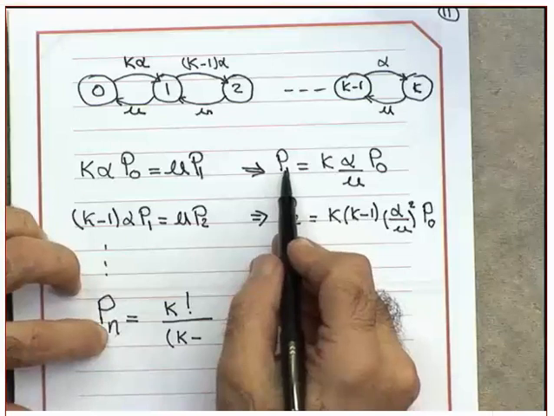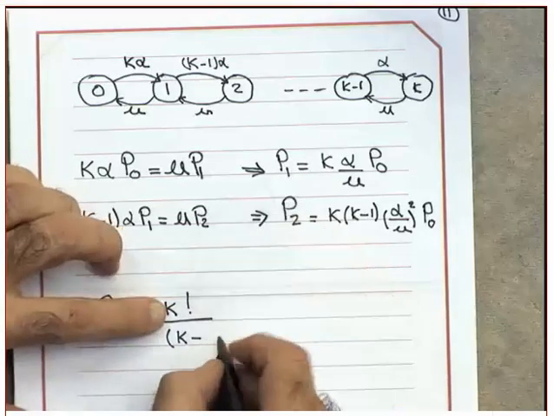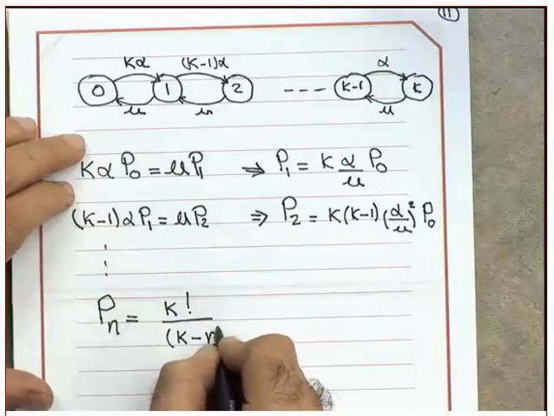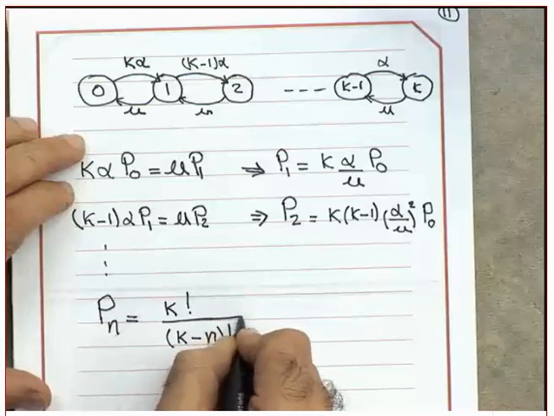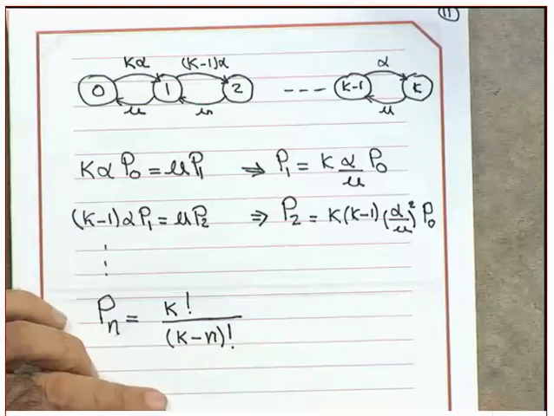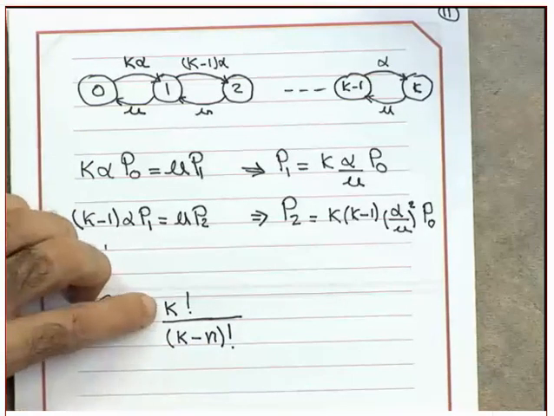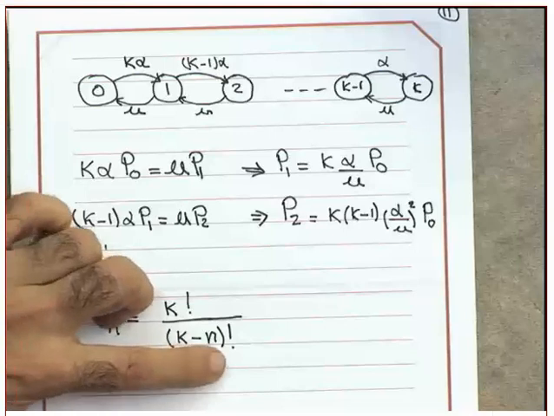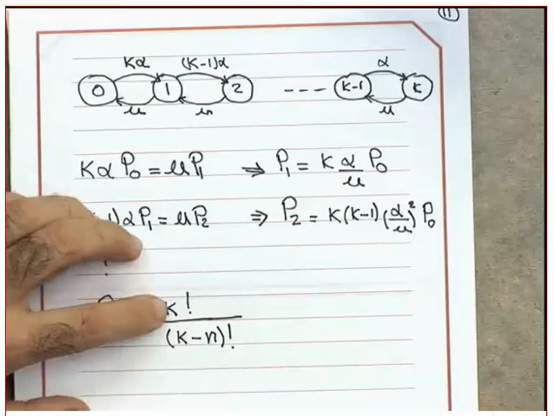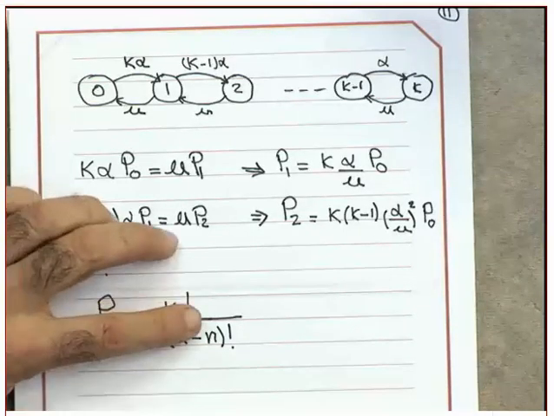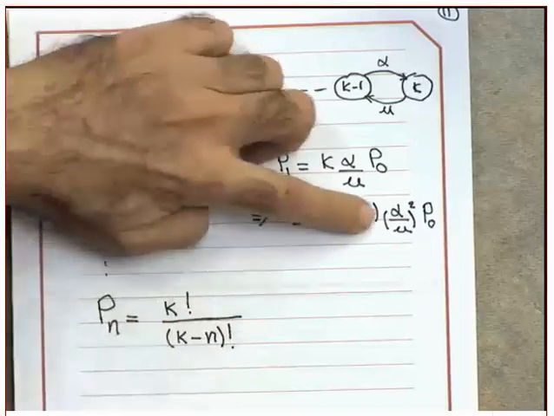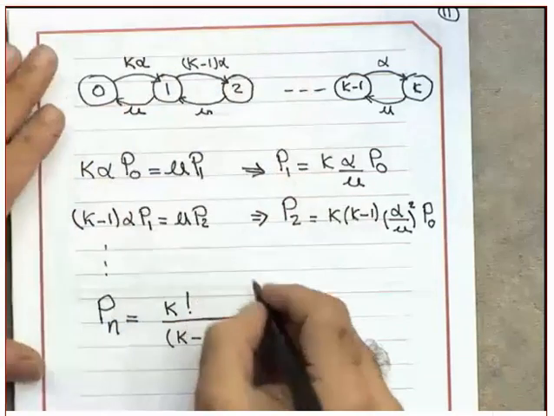This is P1. P1 is what? This is K minus what? I messed up? What is this? K factorial over what? K minus N factorial. It's K times what? K minus 1 times what? K minus 2, like this one. Clear? Okay.